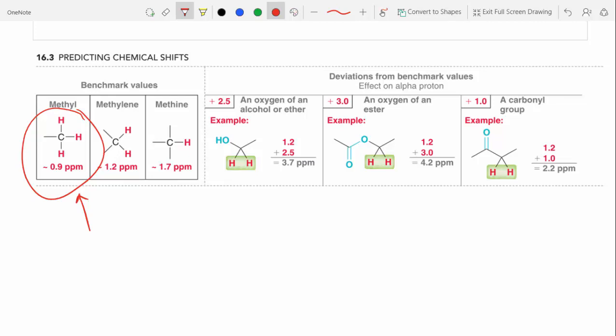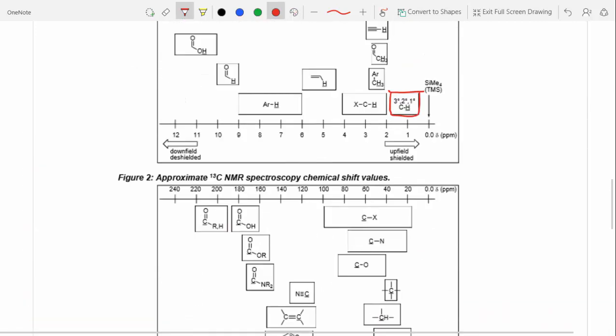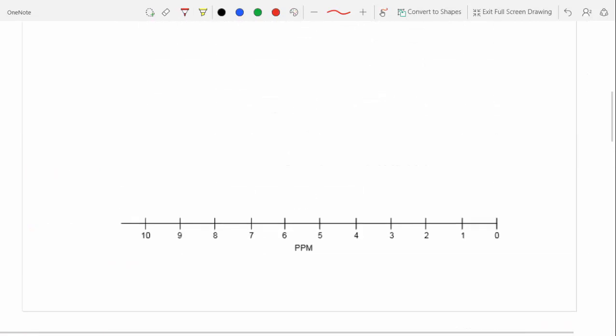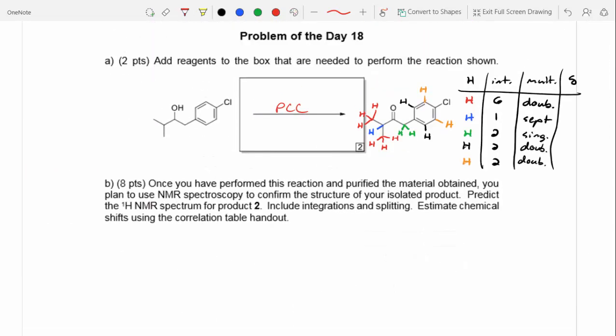So let's go back up and put that into our table. Those red protons that I had labeled were CH3 groups or methyl groups. So they will show up at 0.9 ppm. So I'll put a little approximate 0.9. All right, let's look at the blue proton. Blue proton's still a CH, right?